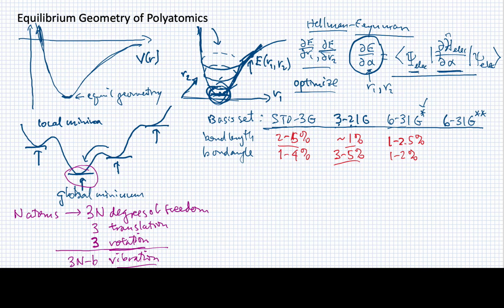Finally, for the 6-31G star, so we're adding polarization functions. This is essentially the gold star of these calculations, so we can think of this as being like the Hartree-Fock limit. And we find that bond lengths typically are between 1 to 1.5% in error, whereas bond angles are still about 1 to 2%.